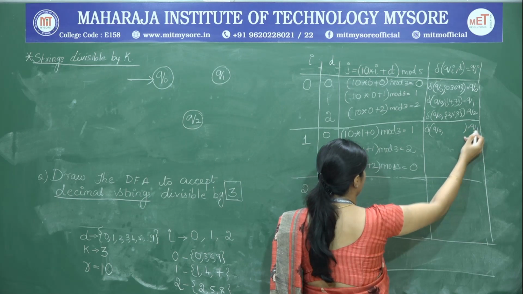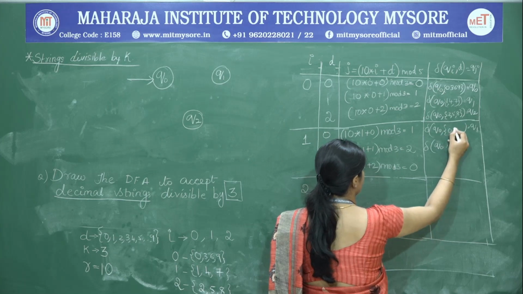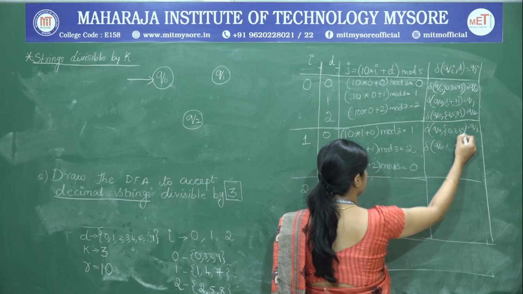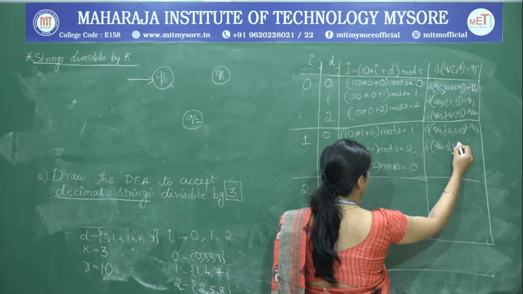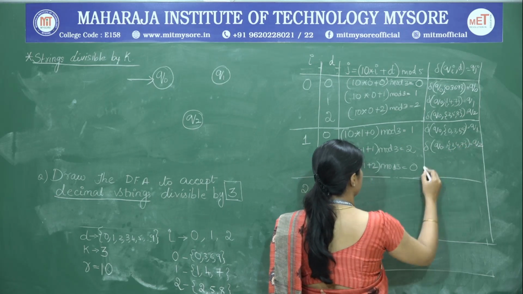On the first group it goes to q1. On the second group, that is 1, 4, 7, it goes to q2.